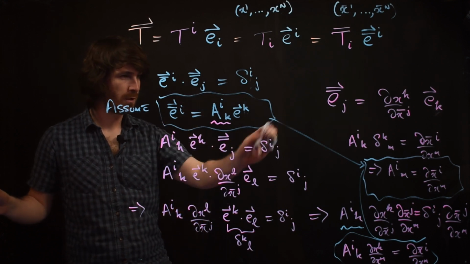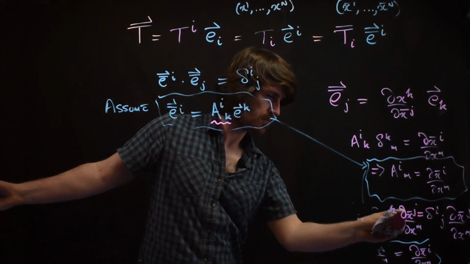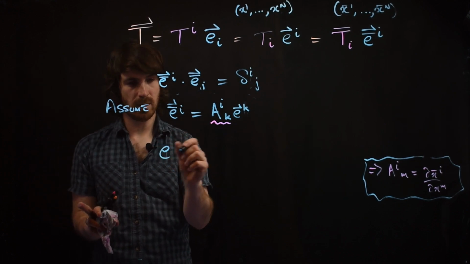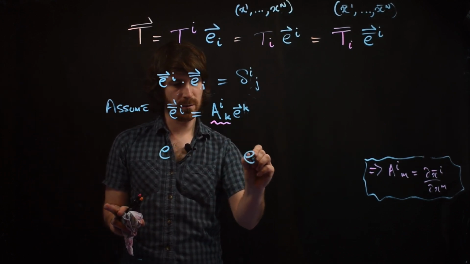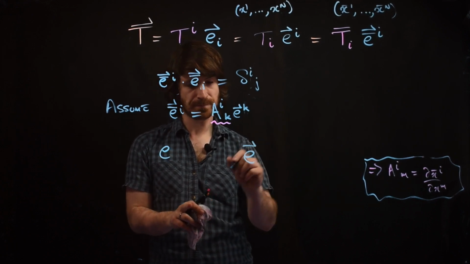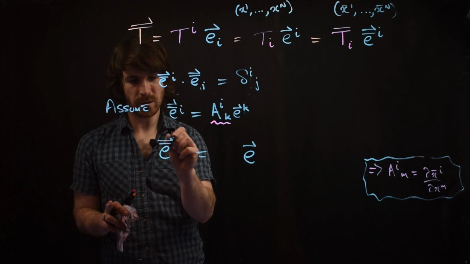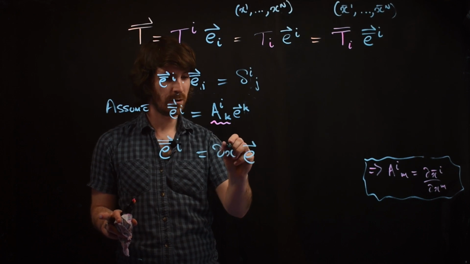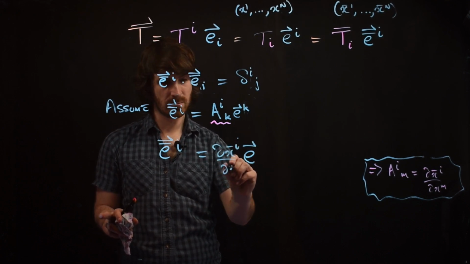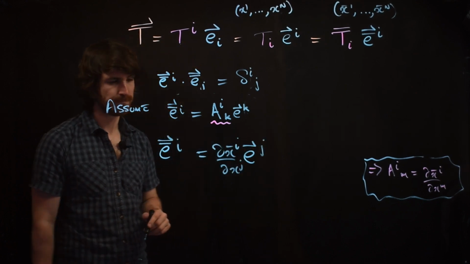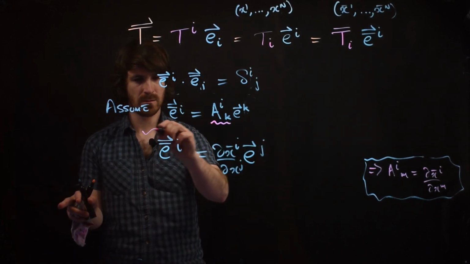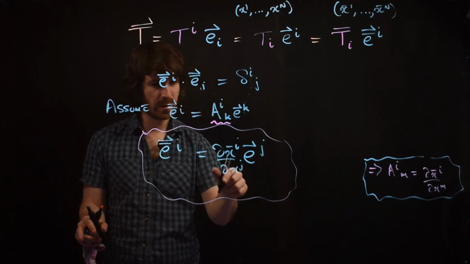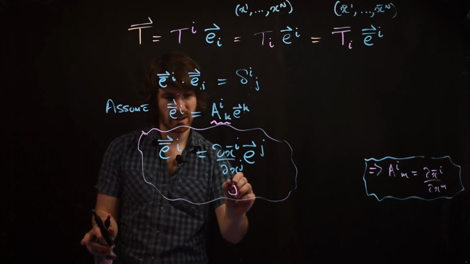Let me rub out and clean this up a bit. What we're saying is that if we have our dual basis vector in one coordinate system, we can find it in the barred coordinate system by having a matrix element of our Jacobian matrix as such. This is a key equation, and this is an element of our J bar matrix.